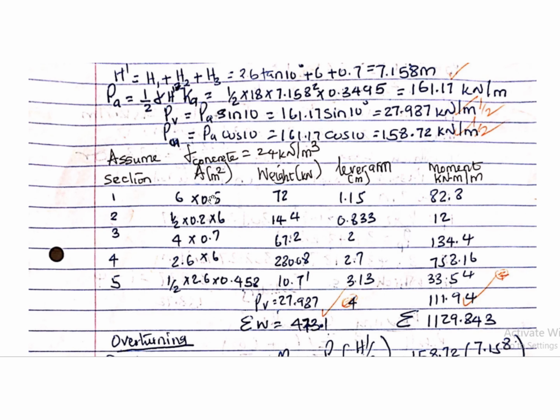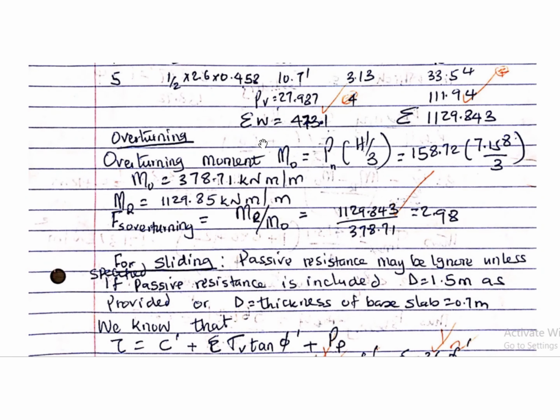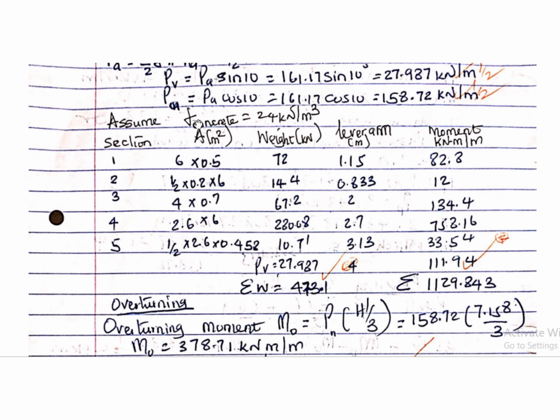So for section 1, the area, and of course the weight is the area times the volume in reality, but in fact we are assuming in the direction perpendicular to your eyes, that is 1 meter. So in fact this area is the same as the volume, right?